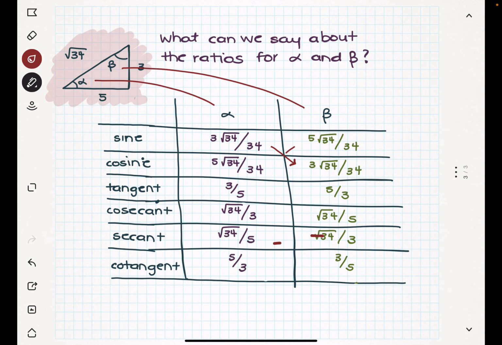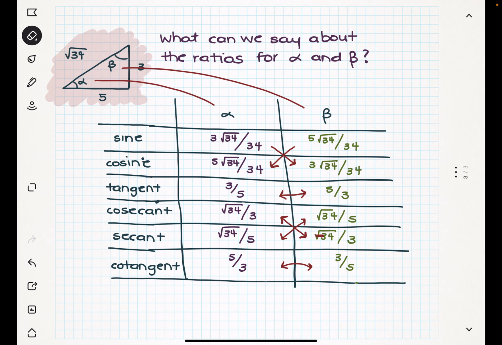The tangent is inverted, and we have the same pattern for cosecant and secant. If you see, they're just inverted, and this one is just inverted.